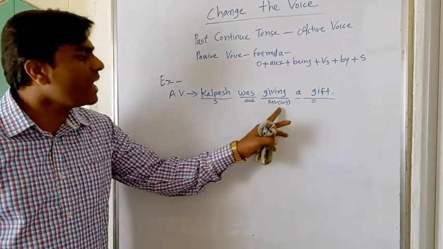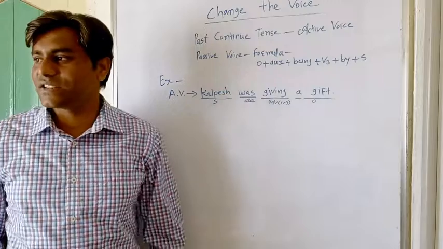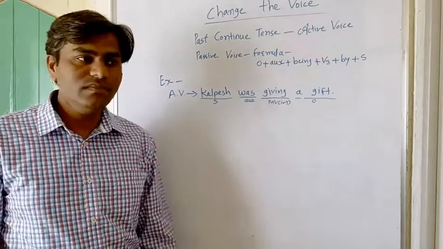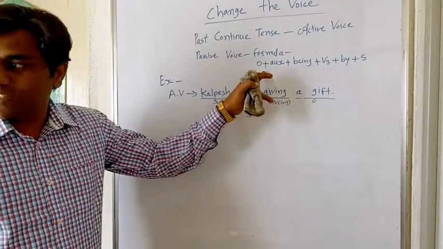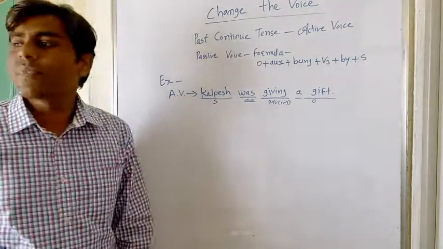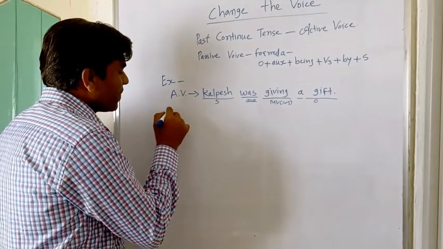Subject, auxiliary verb, main verb and object. So this is the division of a sentence. Now, through the formula, we can change this sentence into the passive voice.